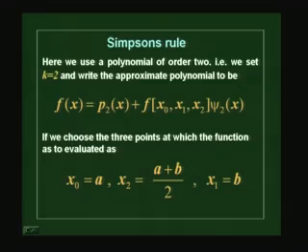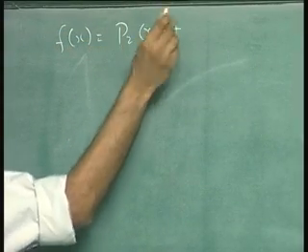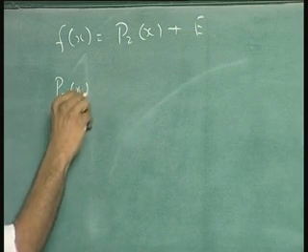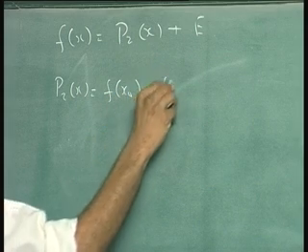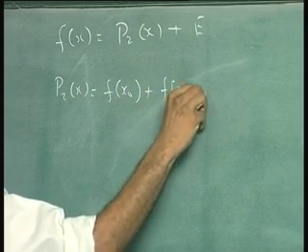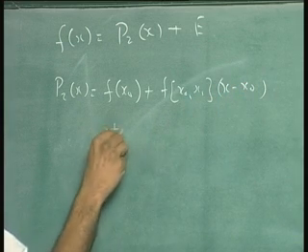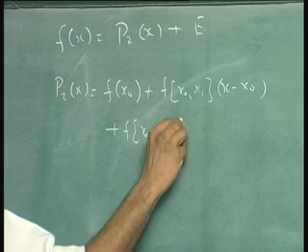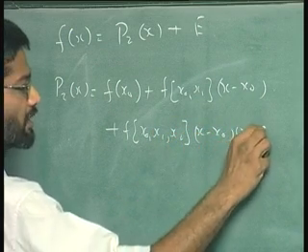So, our idea now will be f of x is now p2 of x plus some error term, right. So, now the p2 of x is given by f of x0 plus f[x0, x1] into (x minus x0) plus f[x0, x1, x2] into (x minus x0) into (x minus x1).